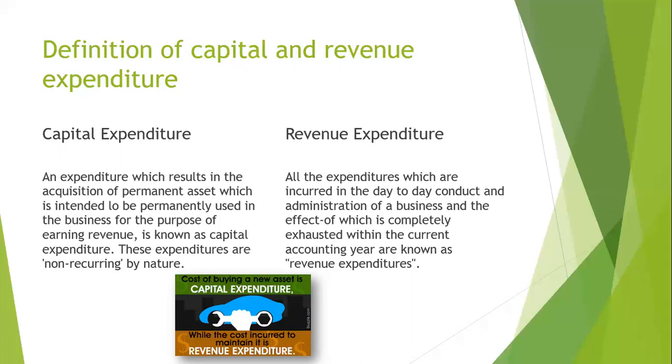On the contrary, look at revenue expenditure. All the expenditures which are incurred in the day-to-day conduct and administration of a business, and the effect of which is completely exhausted within the current accounting year, are known as revenue expenditures. A revenue expenditure is a cost that is charged to expense as soon as the cost is incurred.